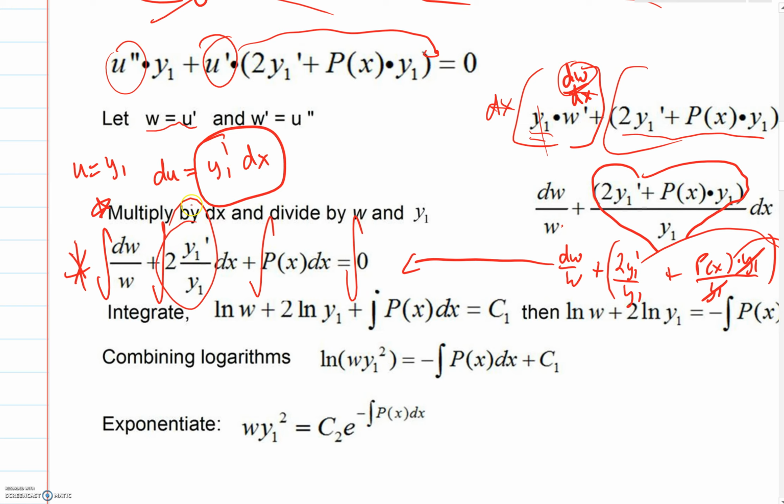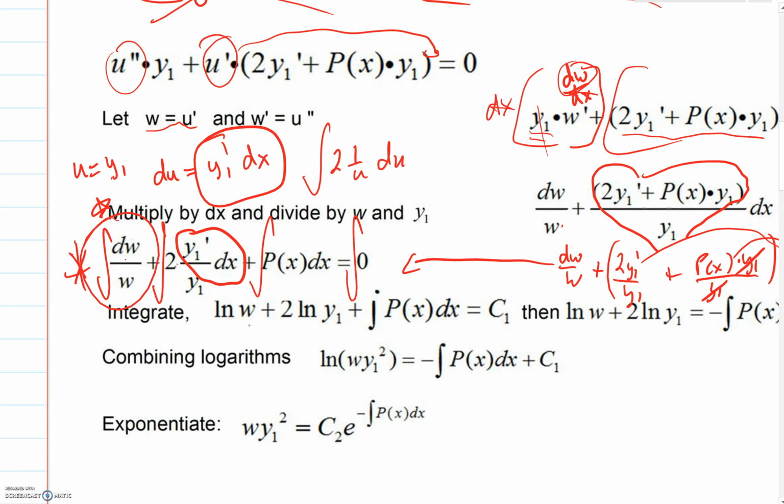And here's your y sub 1 prime dx right there. That becomes a du. So you have a 2 times 1 over u du. Integrate that, you're just going to get the ln of u, but the ln of u, of course, we're going to assume it's y1. Just like right here, integrating 1 over w, we'd get the ln of w.